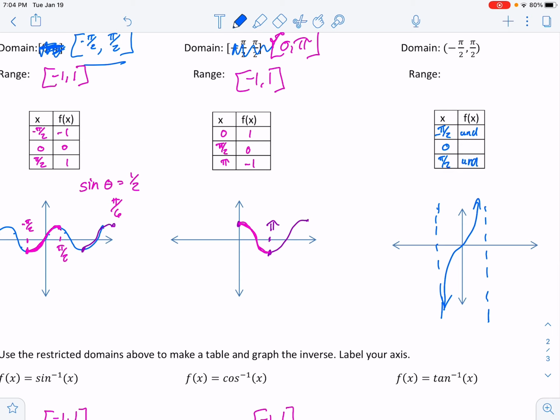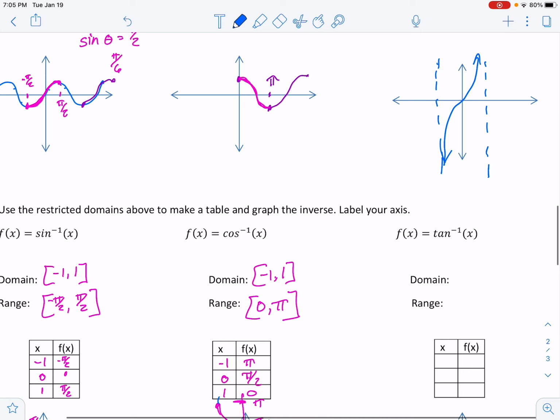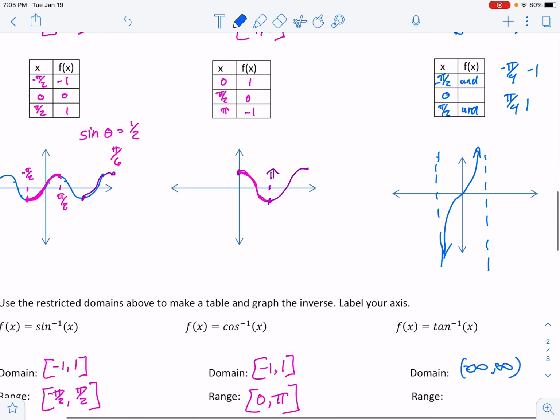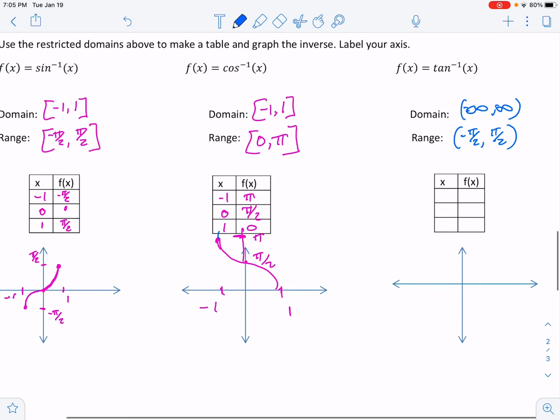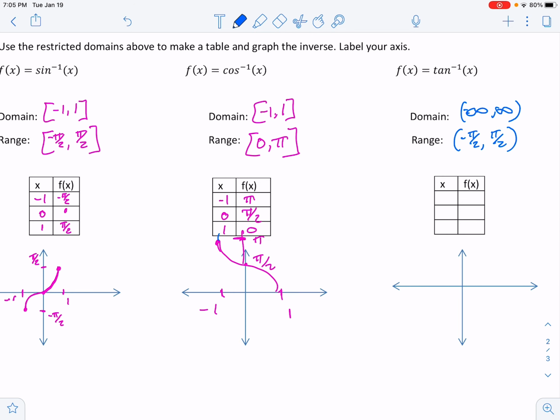Okay, I like to add negative pi over 4 and negative 1, and positive pi over 4 and 1, because my range here is all reals. When you come down to the inverse, this is now all reals. And it goes from negative pi over 2 to pi over 2. And they're not included because they're asymptotes.